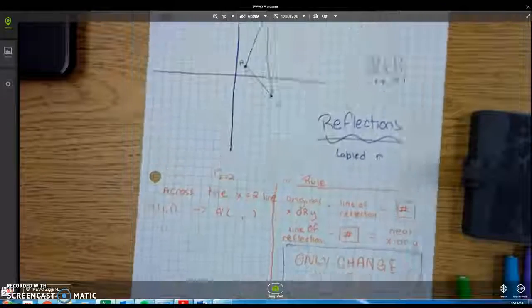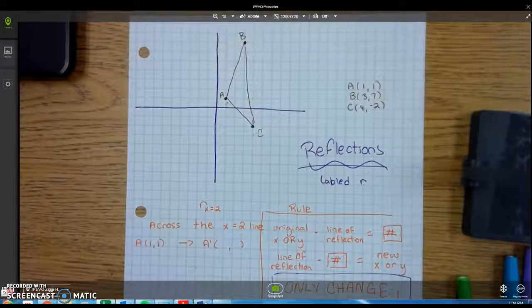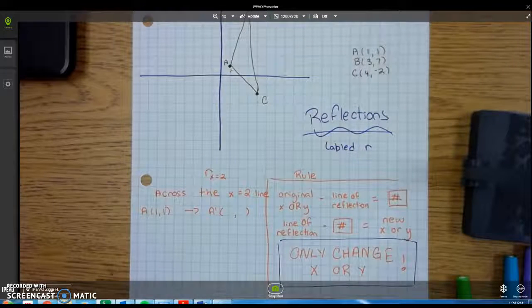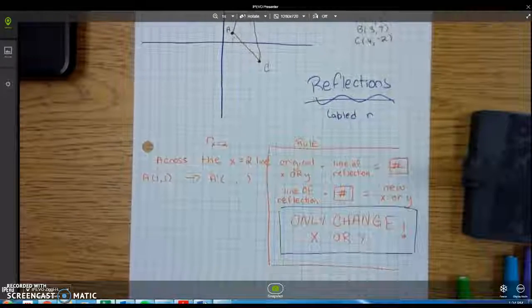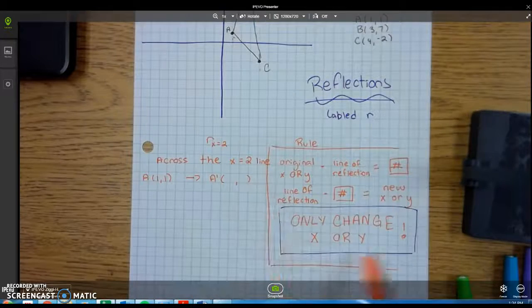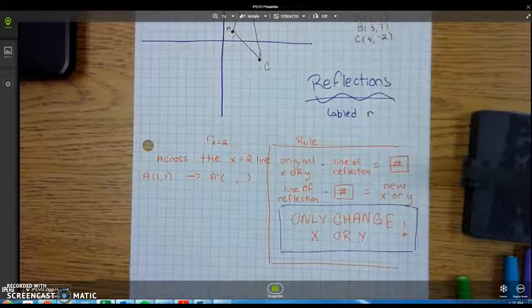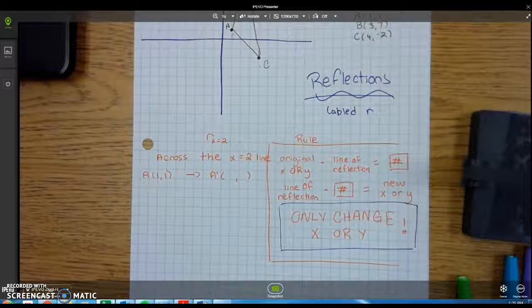Okay, I have redrawn my graph for the next one for the reflection across x equals a number and y equals a number. My last graph was just getting a little crowded. And I've written down this whole rule. You can always count how far it is, but this is going to be easier if you've got a big number.